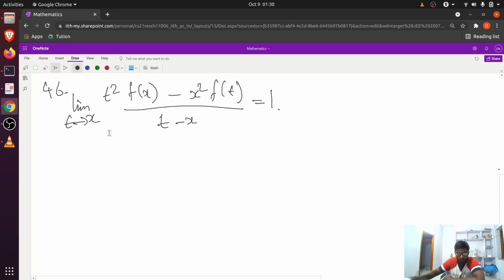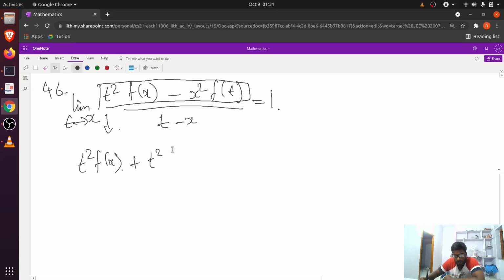Okay, so let's simplify this numerator. The numerator can be written as t square into f of x plus t square into f of t minus t square into f of t minus x square into f of t.